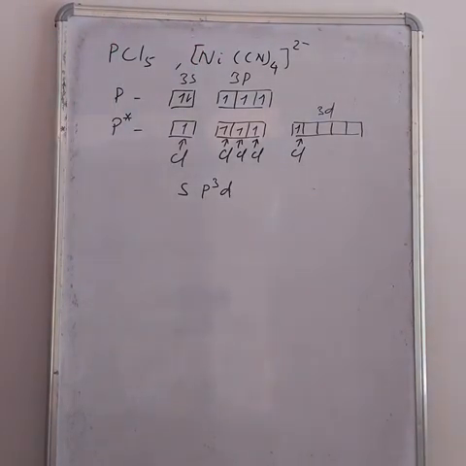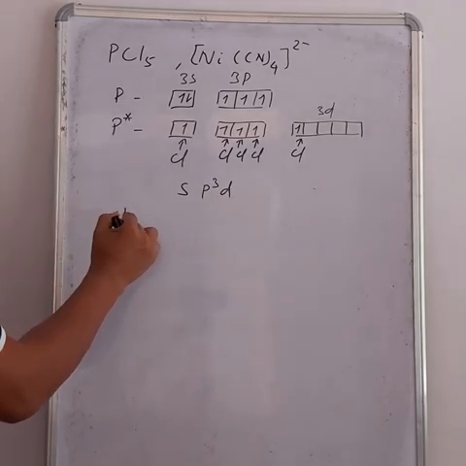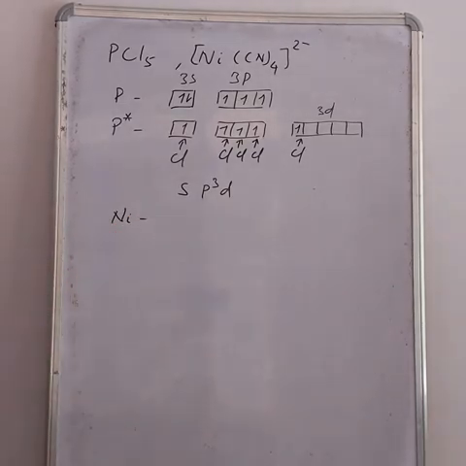What about nickel tetracyanide? So what is the valency of nickel? So nickel is d8. So we have 4, 6, 8, 10. We have 10 valency.